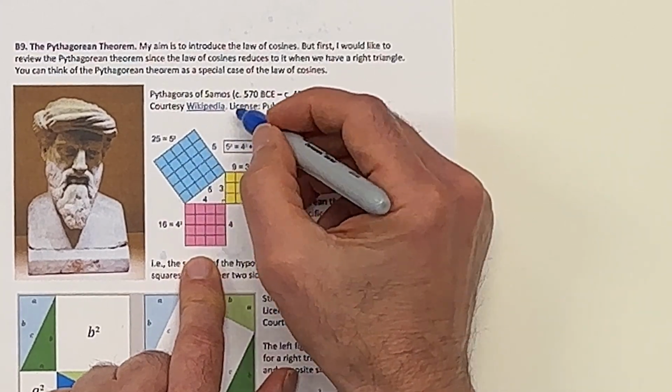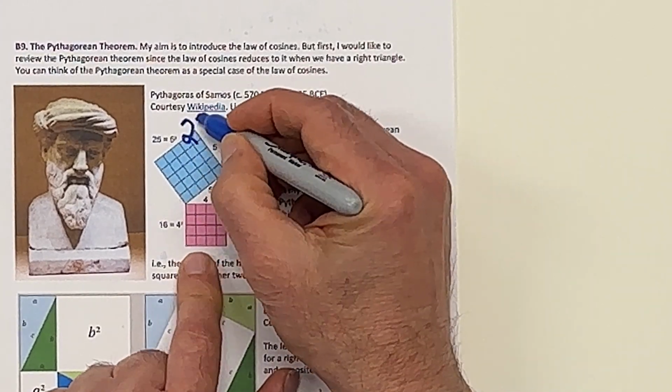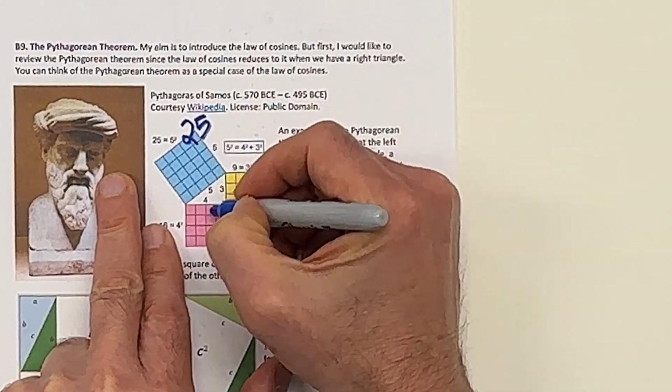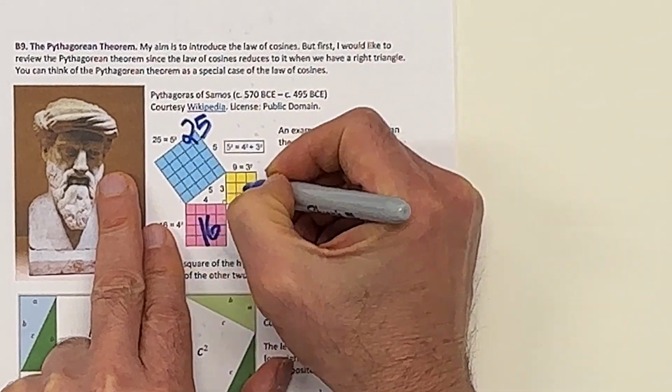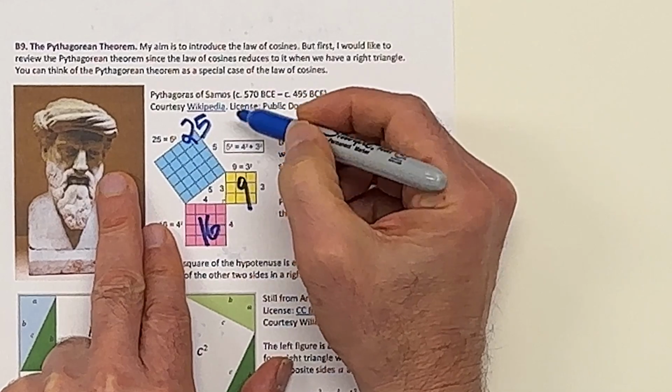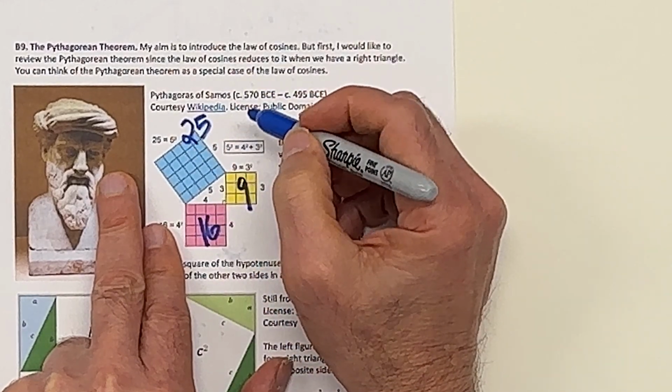So, in other words, the 25 squares in here, if you add the 16 here and the 9 there, you get 25.